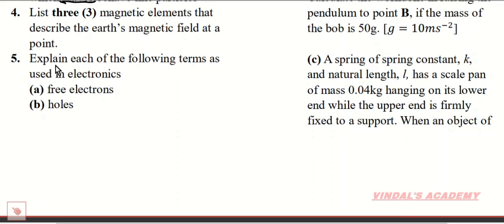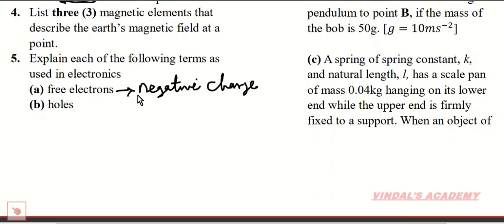Number 5 says, explain each of the following terms used in electronics. Okay, I can do that here because free electrons. When we talk about free electrons, we are talking about, in a semiconductor, when there are more negative charge. In fact, free electron simply means negative charge carriers.